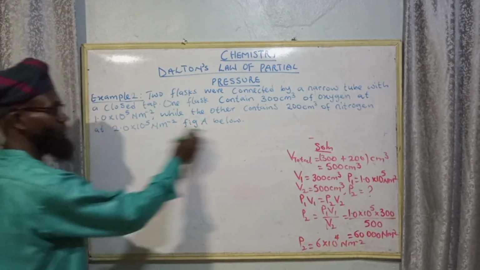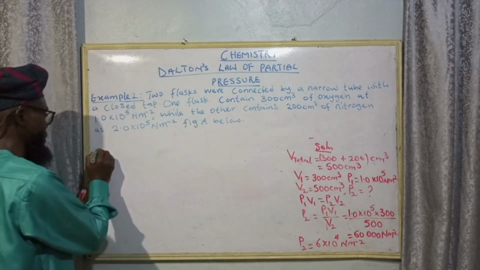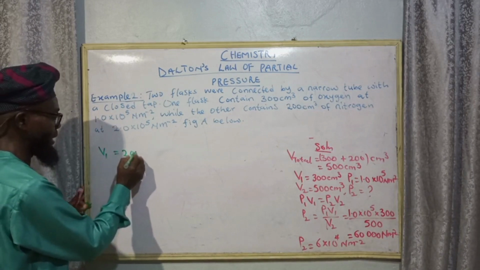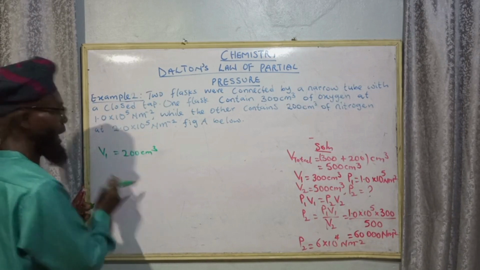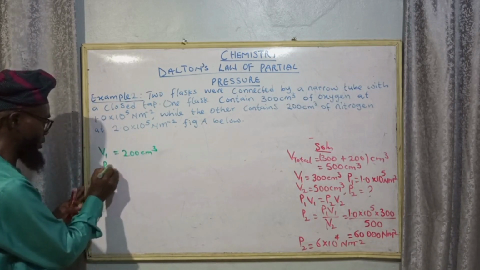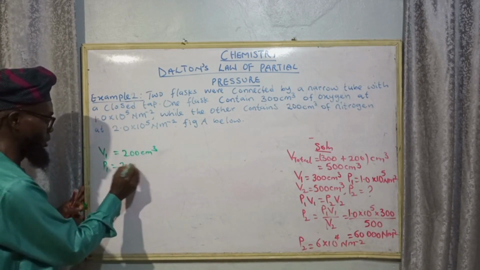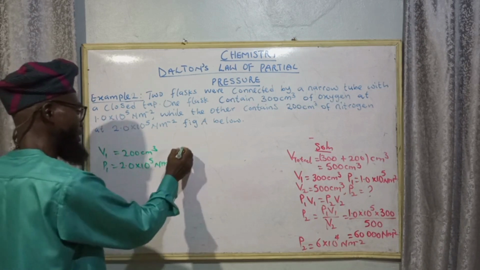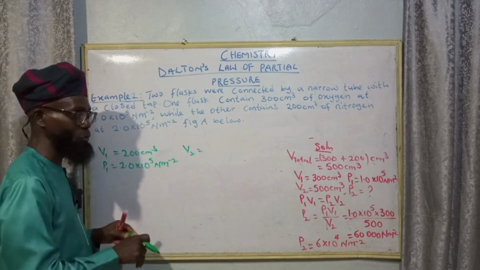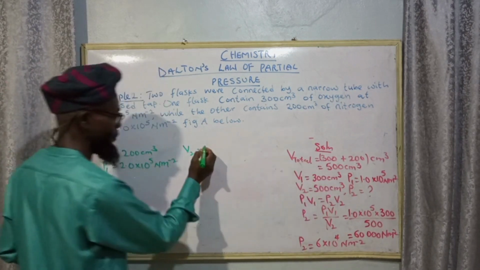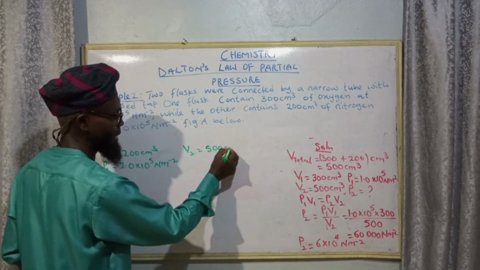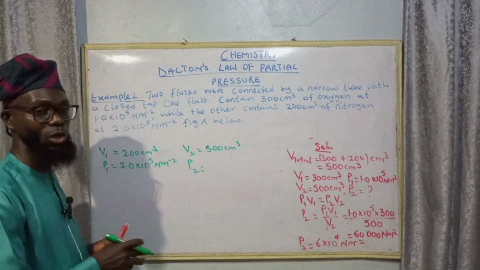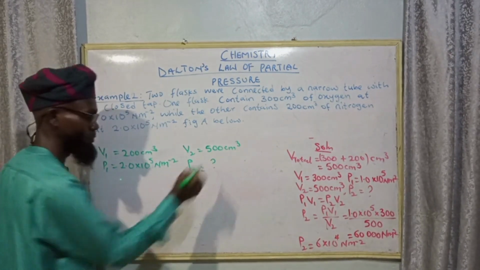Now, for the volume of nitrogen, V1 for nitrogen equals 200 cm cube at P1 is 2.0 times 10 to the power 5 Newton per meter square. The V2 will now be our total volume that we calculated here, 500 cm cube. Then our P2 is the partial pressure of the nitrogen, which is unknown.